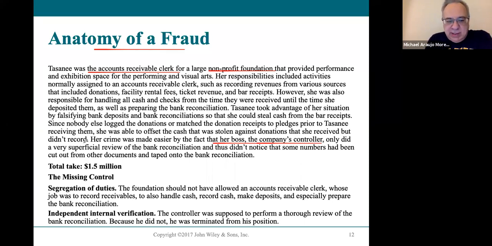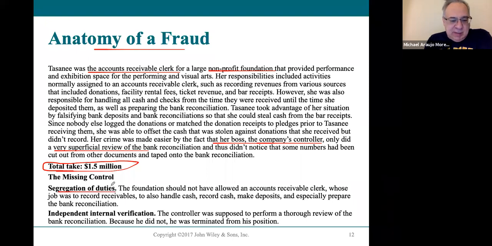But the boss only did a very superficial review of her work, particularly when it came to the bank reconciliation. So this person made this charity into her own, and grabbed $1.5 million, which is a pretty impressive grab over time.